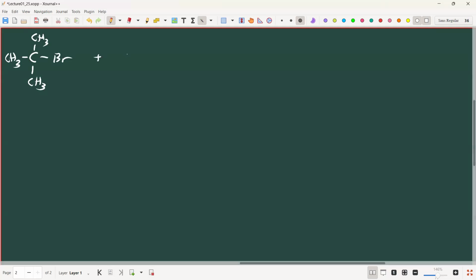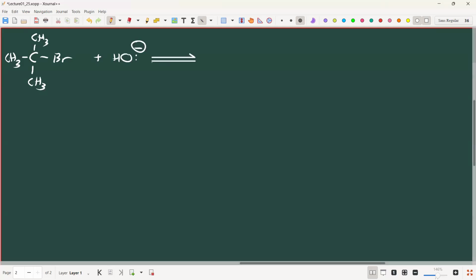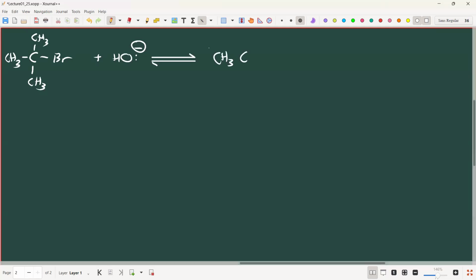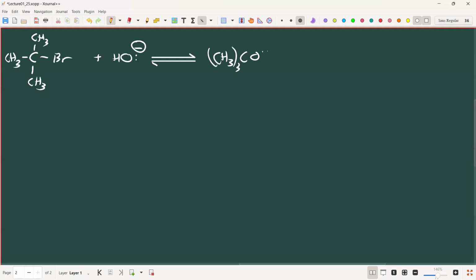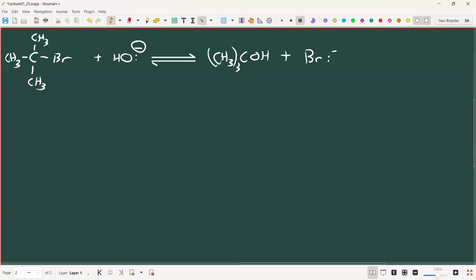Again, we're just going to use the same conditions that we had in our previous problem, and simplify this. So t-butyl alcohol, bromide ions.